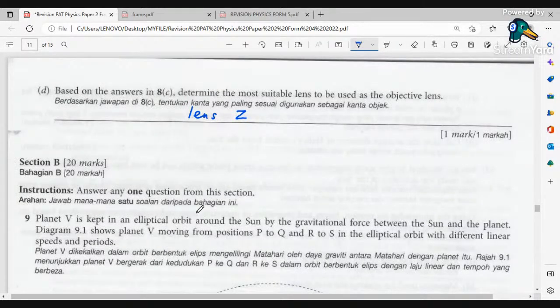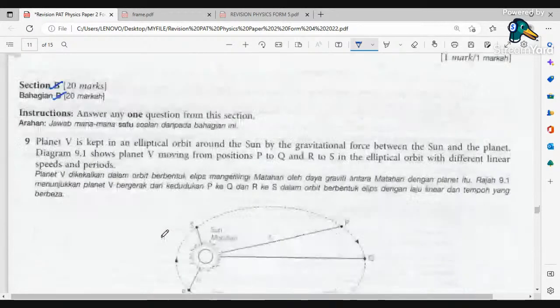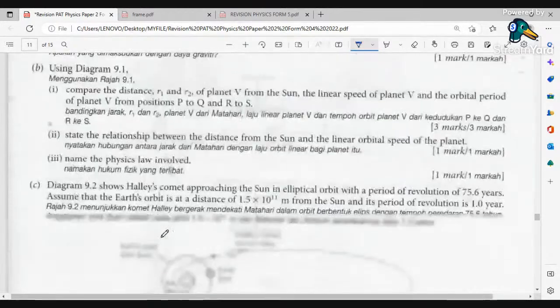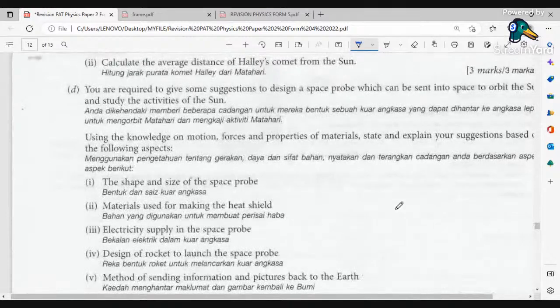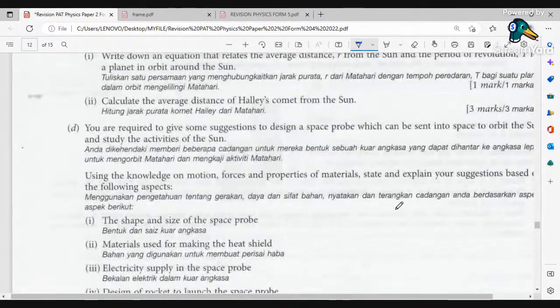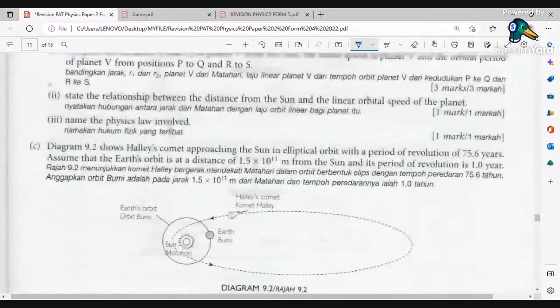Okay, for section B and section C, this one actually, the question is about modification, suggestion.